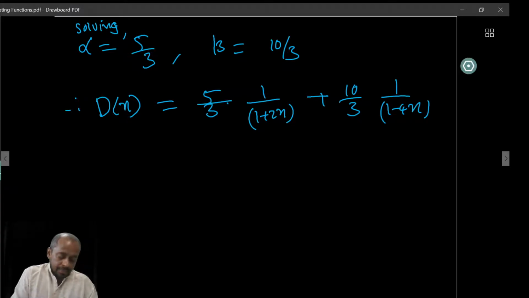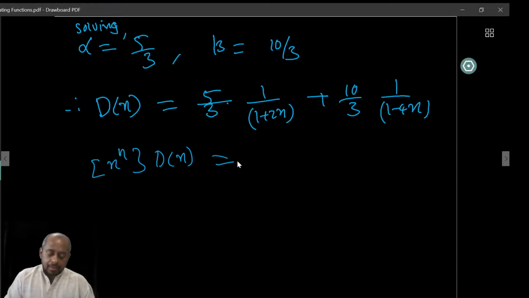If you want to get the coefficient of x raised to n, all you have to do is pull it out. So the coefficient of x raised to n in d of x: 1 plus 2x whole raised to minus 1 gives minus 2 whole raised to n.